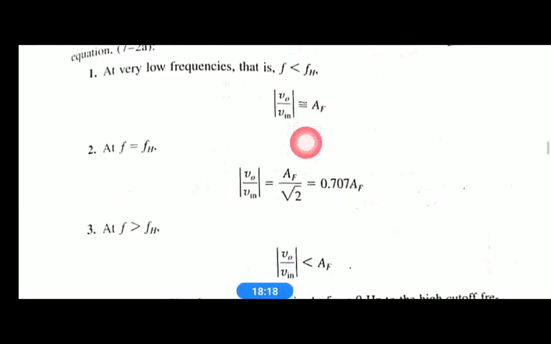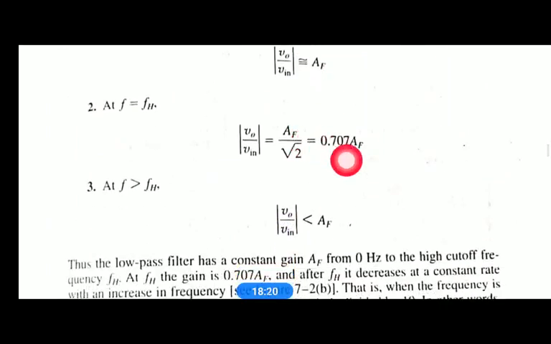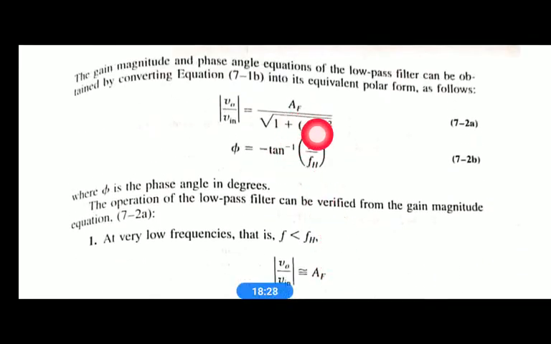So the gain is lesser than Af, because this denominator term is greater than 1. If the denominator term is greater than 1, v0 by vin is lesser than Af.